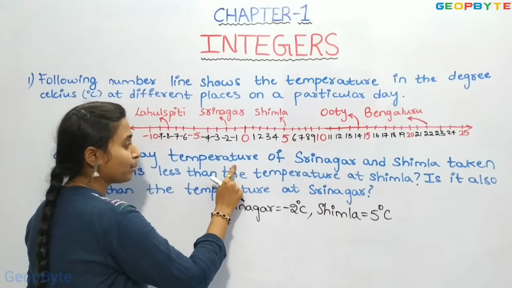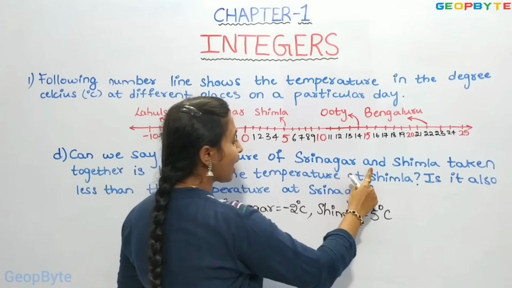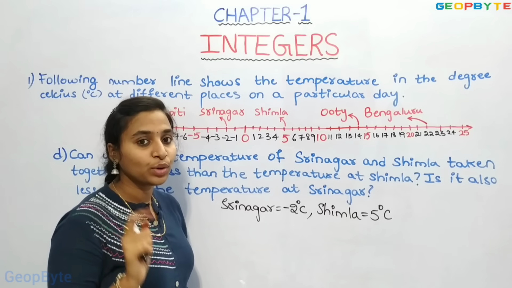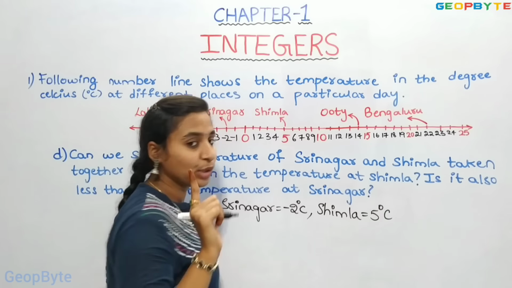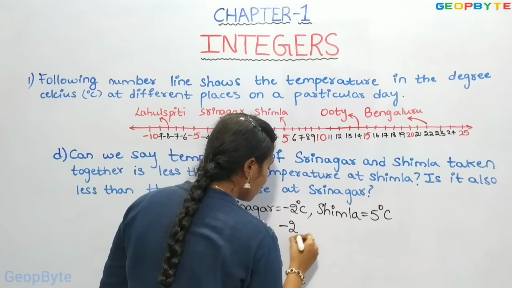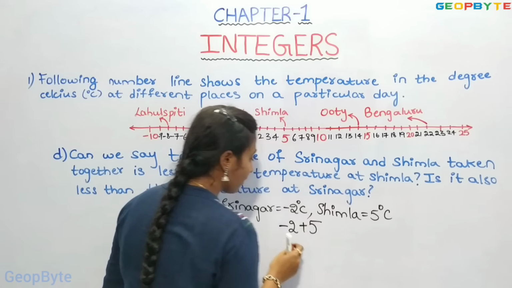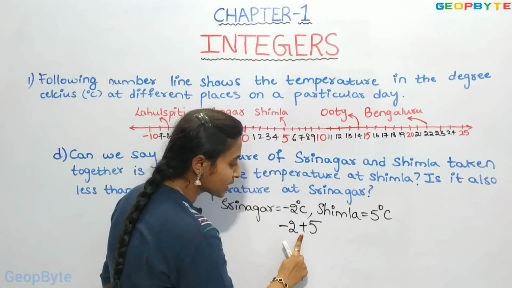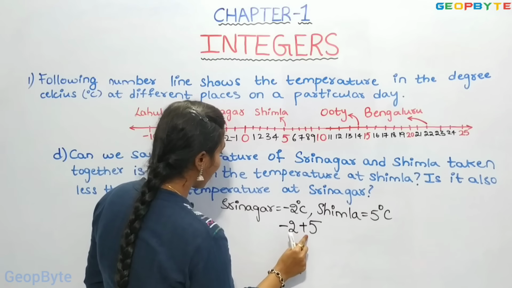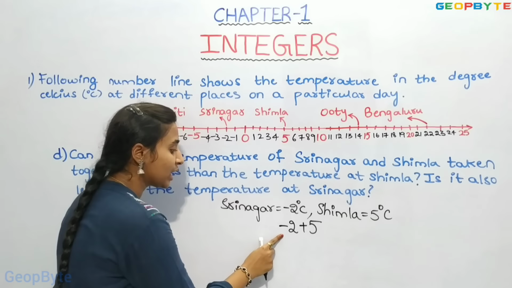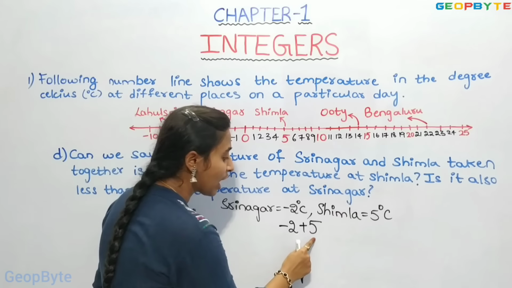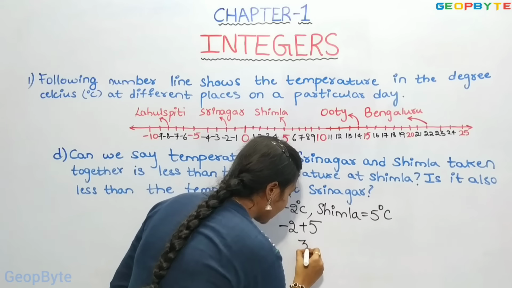They asked for the temperature of Srinagar and Shimla taken together, which means we need to add. -2 plus 5. We have a minus and a plus, so we need to subtract. 5 minus 2 is 3.